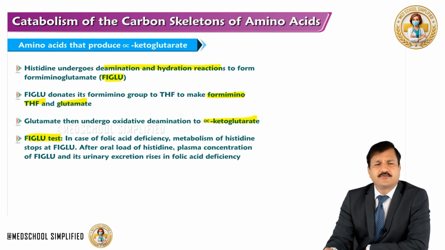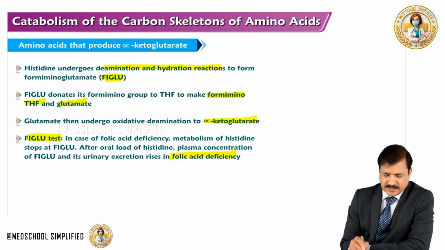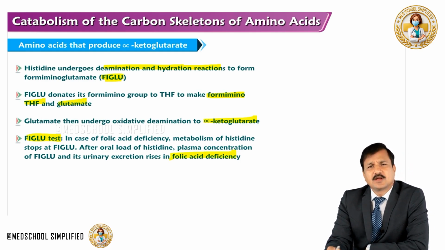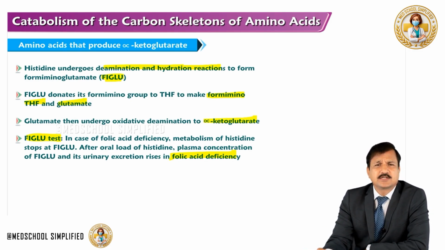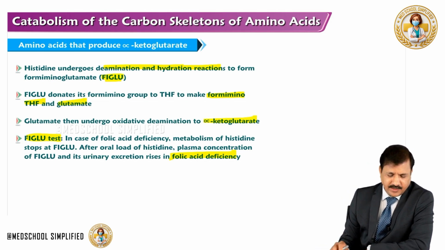If plasma and urinary levels of FIGLU are elevated, it is an indication that folic acid is deficient, unless there is a genetic mutation in the gene coding for the formiminotransferase enzyme, which is rare. So in cases of folic acid deficiency, after oral histidine, there will be a rise in FIGLU, and that is an indirect indication of folic acid deficiency. That's the application of the FIGLU test.